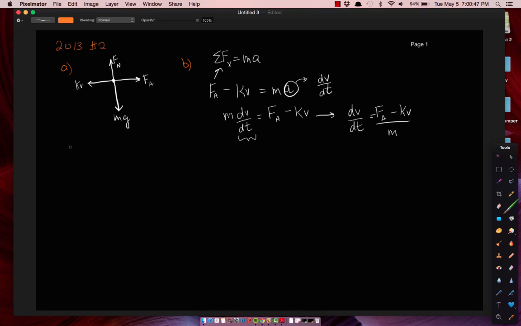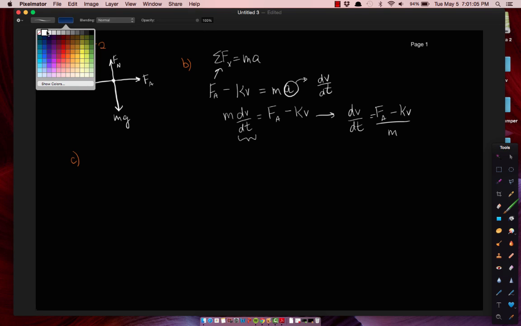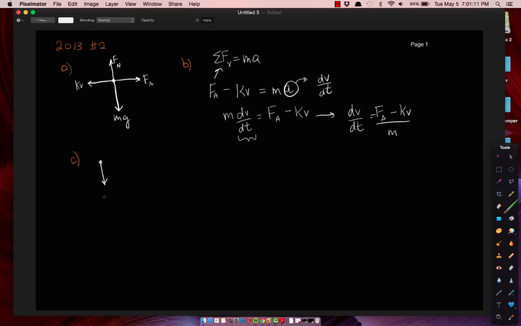Now on to part C. Part C asks us for the terminal velocity of the box. Terminal velocity, this is what you should know with prior knowledge. Basically, terminal velocity is when you're on a parachute, when your weight is equal to your drag force.